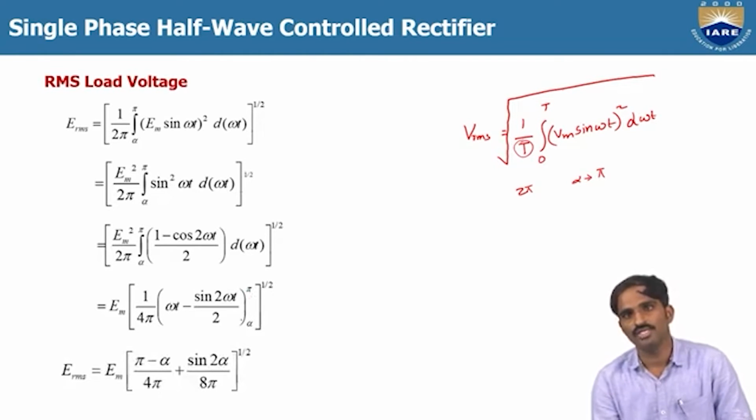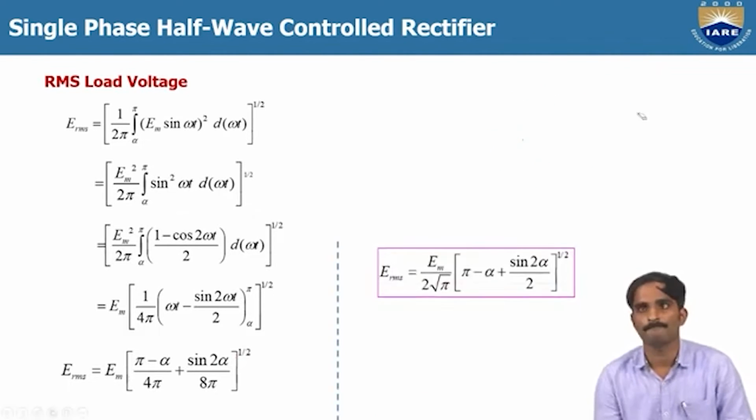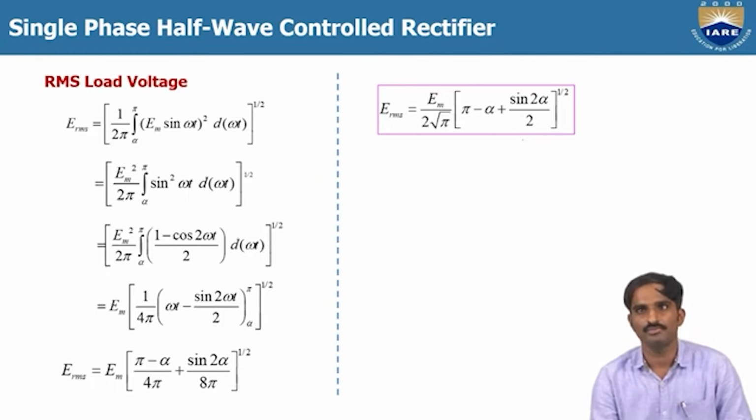Then finally you will get ERMS equal to Em into (pi minus alpha by 4 pi plus sine 2 alpha by 8 pi) whole to the power of 1 by 2. So this is the final RMS equation.